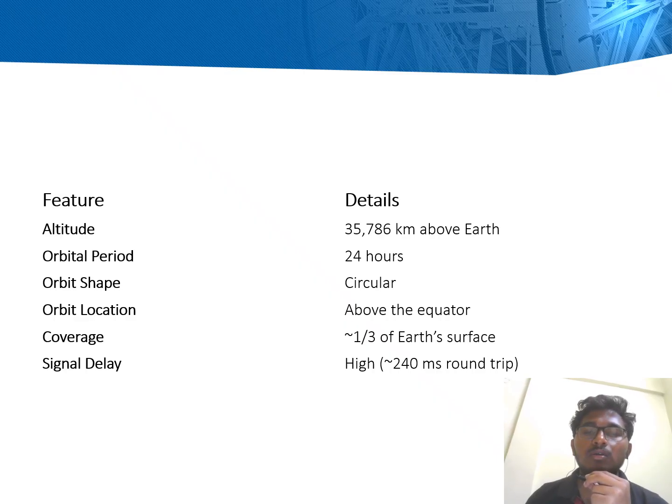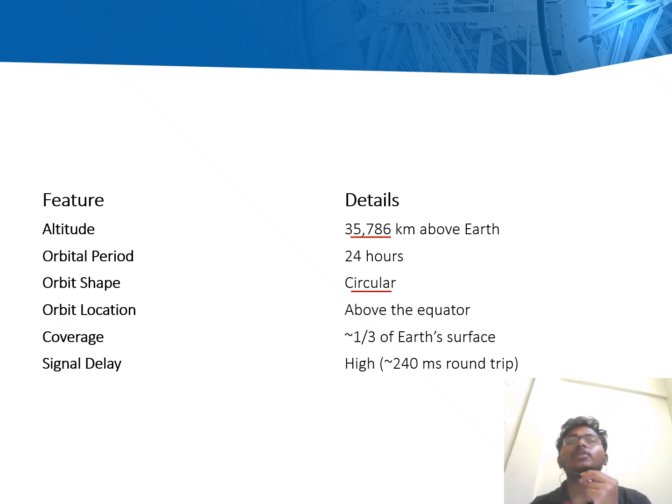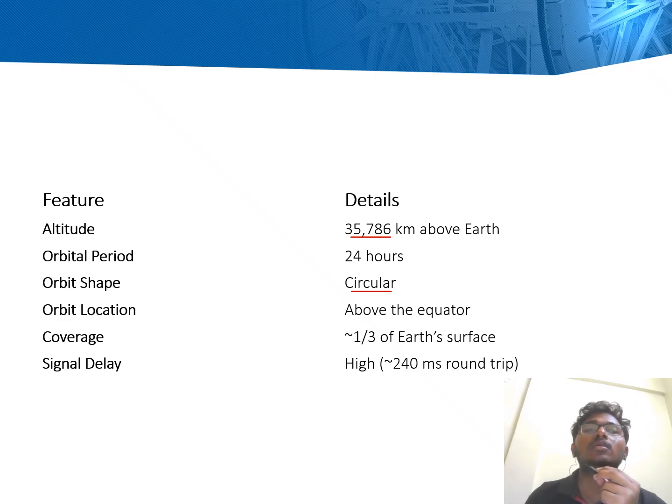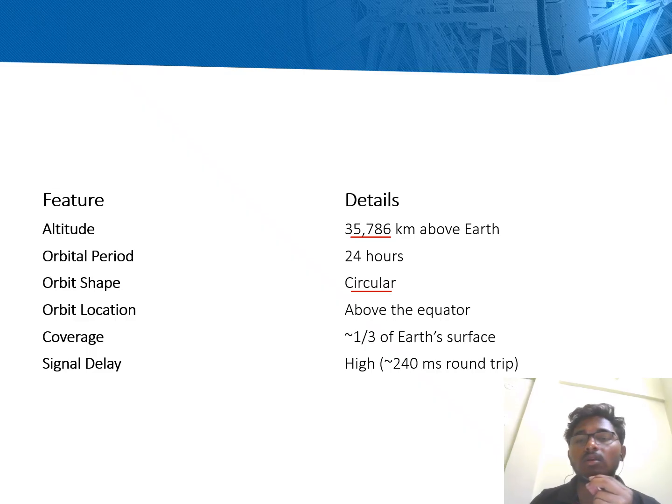Altitude is about 35,786 kilometers above the Earth, and the orbital period is 24 hours. The orbital shape is circular. This is the orbit having a circular shape, and the remaining all have elliptical shapes.